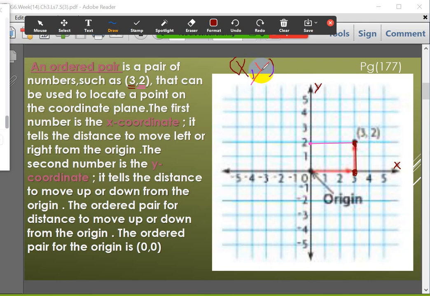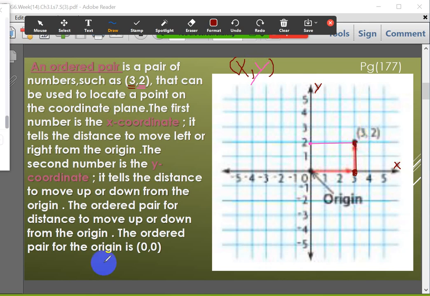The second number is the y coordinate, the number of steps that I have to move up or down. So when I locate those numbers, I will take a line from the x and a line from the y. The lines will cross at this point. That means this point is (3, 2).